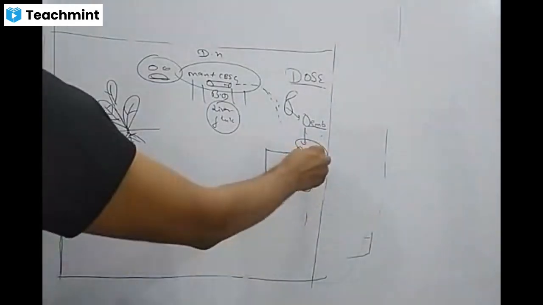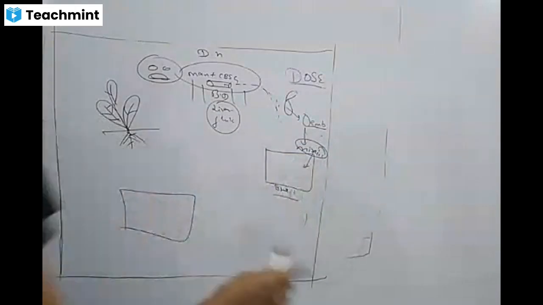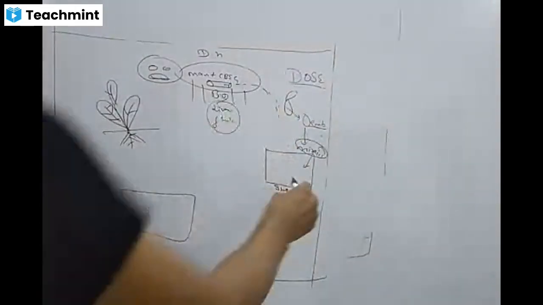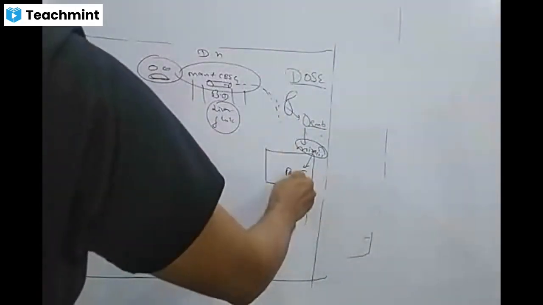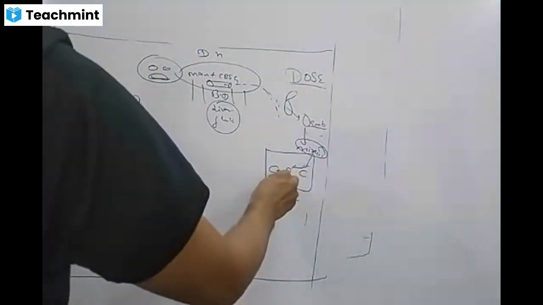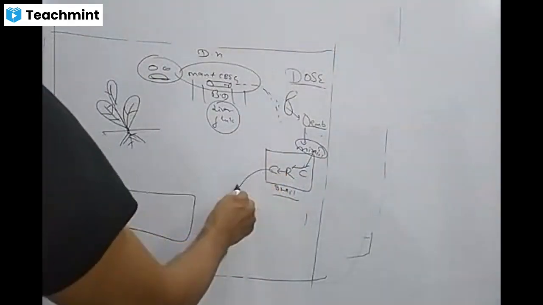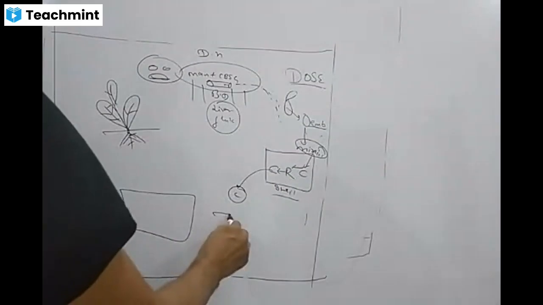This stage will enter into the snail. Miracidium enters into the snail and transforms into SRC, that is sporocyst, redia, and then cercaria. This cercaria comes out.